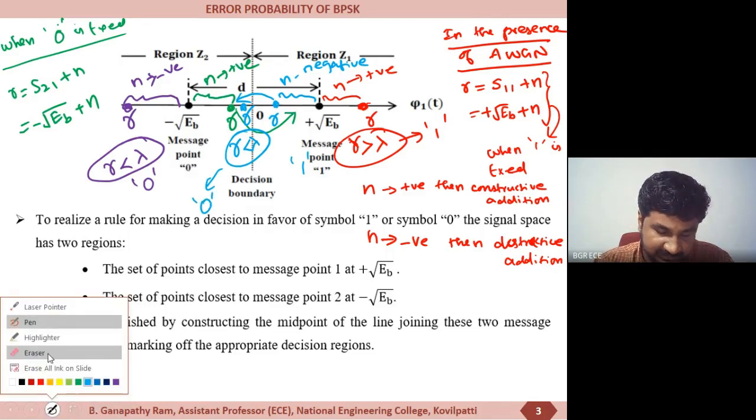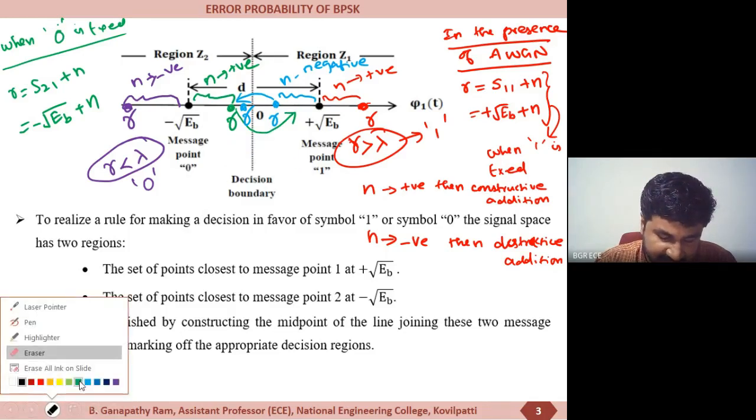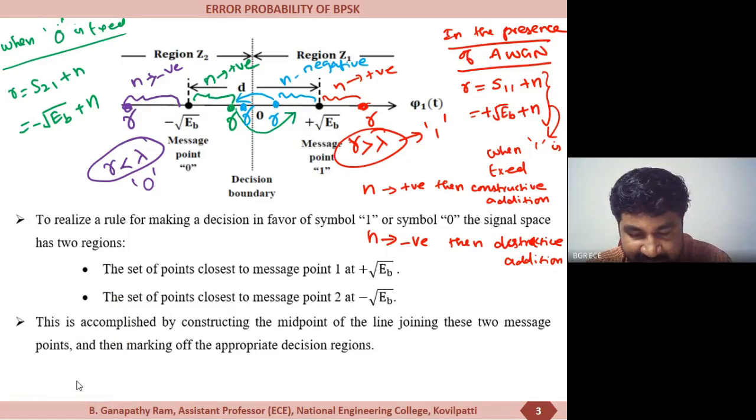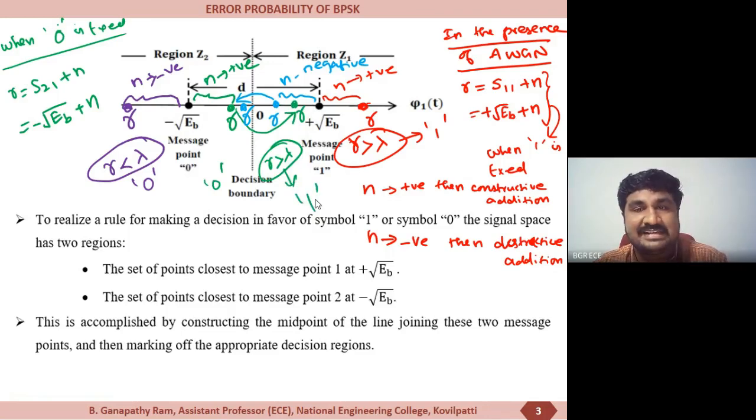Similarly, if the binary data 0 is transmitted, but R is lying in the region Z1, that is R is greater than lambda, actually 0 has been transmitted, but the receiver will wrongly decide it as the binary data 1.